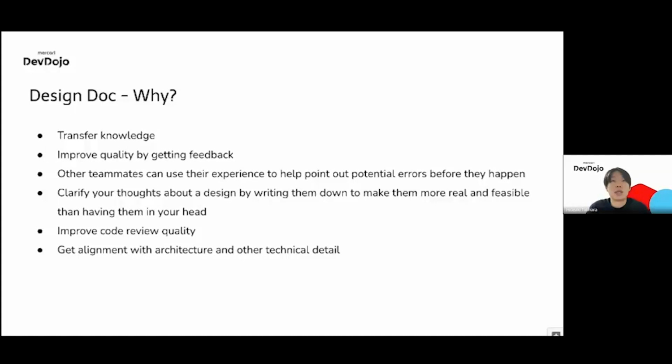You want to look at the big picture of where your changes lie. And in those cases, if there's a design doc and it's shared with other members or people in other teams, then it gives people the big picture of what changes are being made within this pull request and what sort of changes are going to happen in the future for the entirety of the system. That allows for you to create more alignment with other teams and to create a better understanding in terms of technical details.